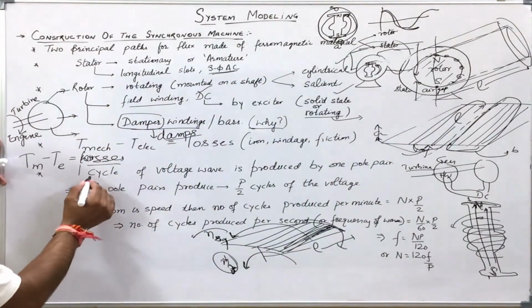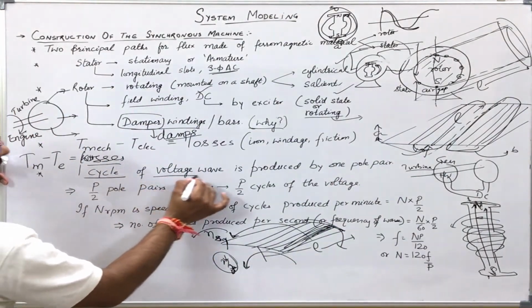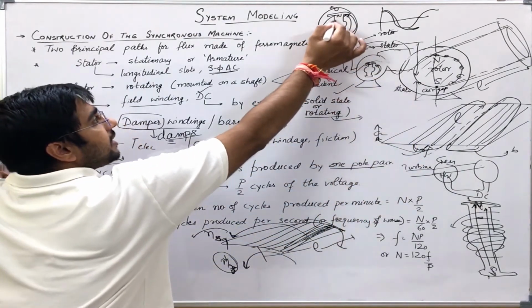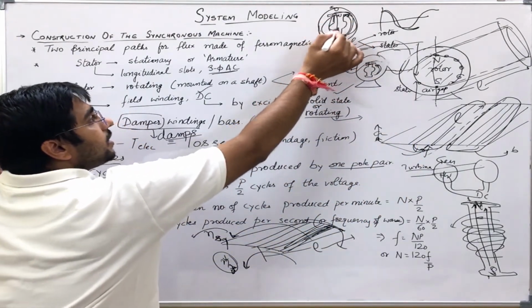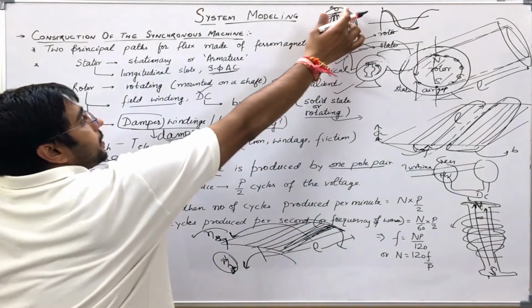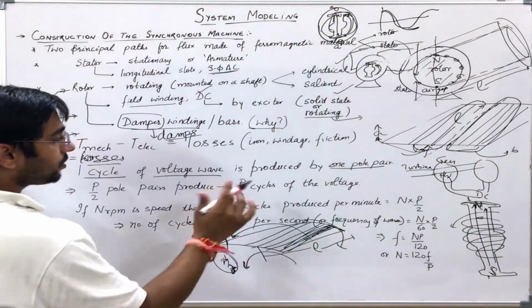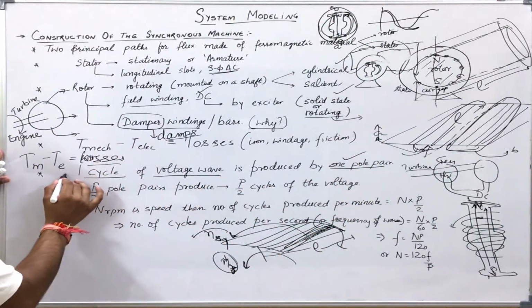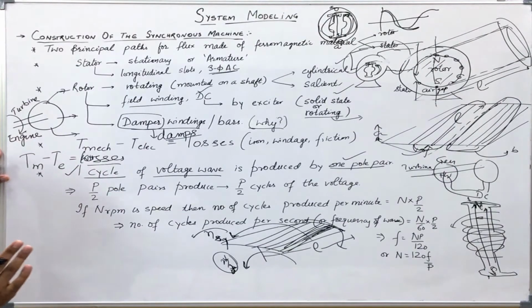So one cycle of the voltage wave is produced when one pole pair, this is a pair, is traversed, that is, passed over. So when it is passed over by one pole pair, there is generation of one cycle of the voltage.